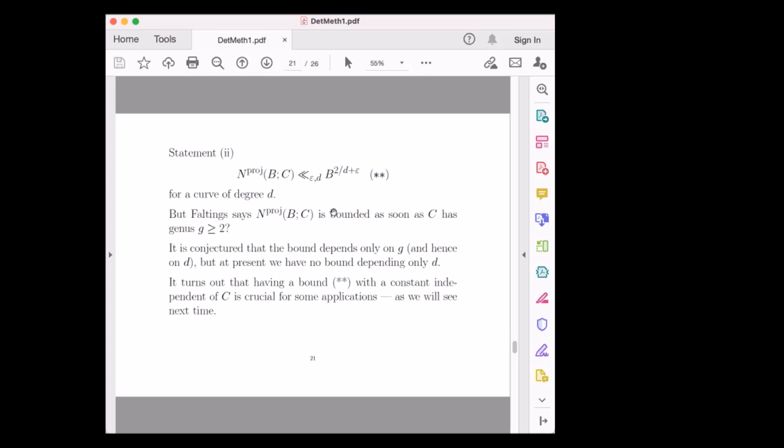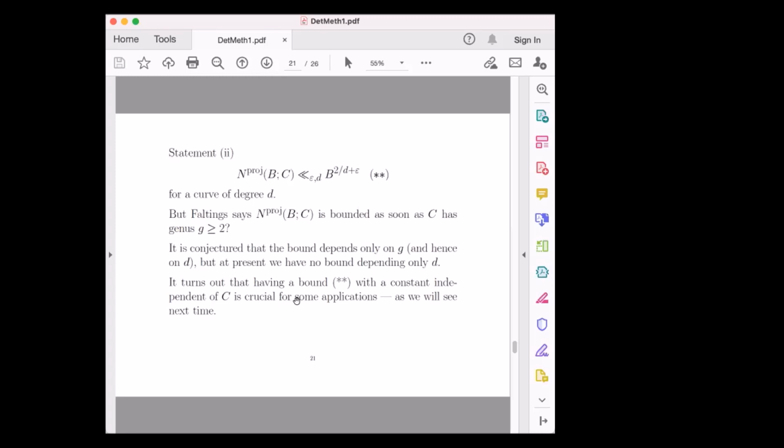So there are estimates for this that depend on the rank of the Jacobian of C and various other bits of information, but those are not independent of the curve. On the other hand, this estimate has an implied constant here that depends on epsilon and on d, but is otherwise completely independent of the curve.